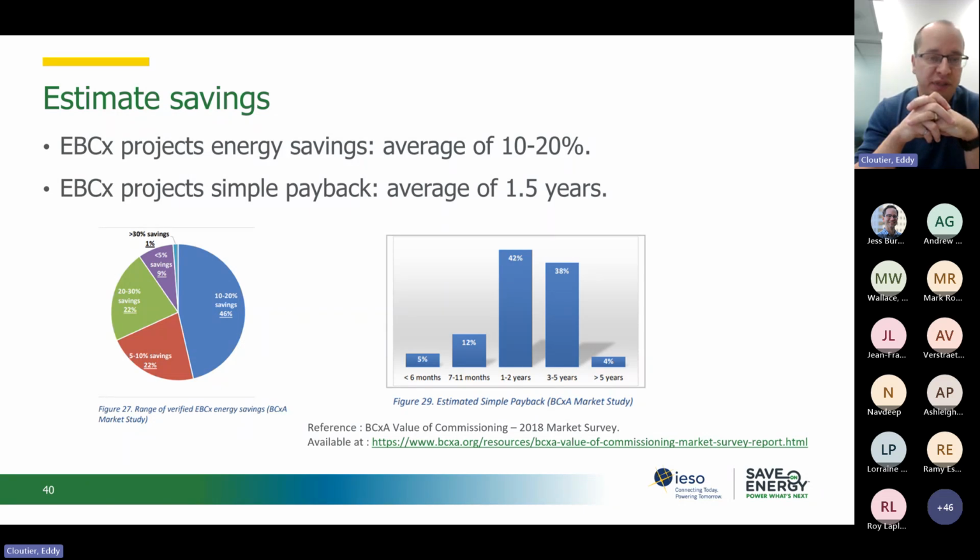Obviously, each building is different. Very well maintained building with an energy conscious operator will present much less potential, for example, but as an average, let's say 15% energy saving is quite common. The simple payback will also vary depending on the size and complexity of the building and systems.